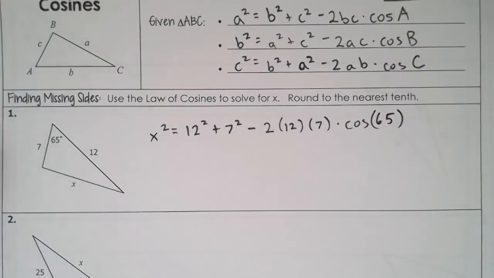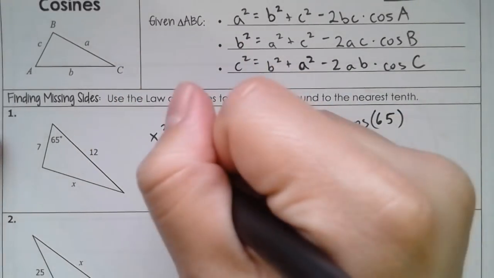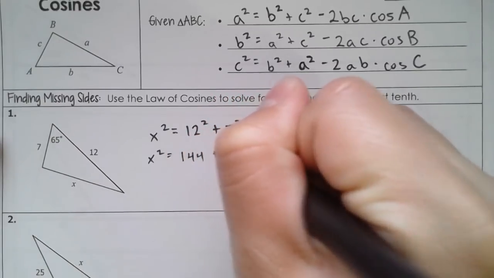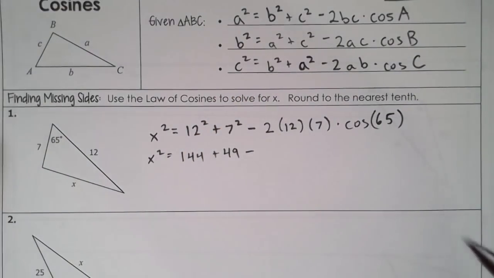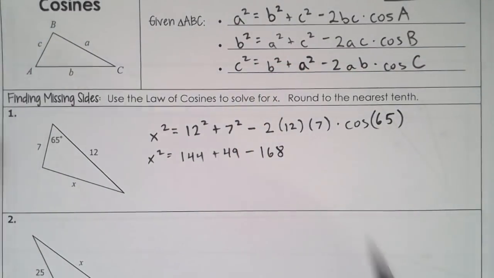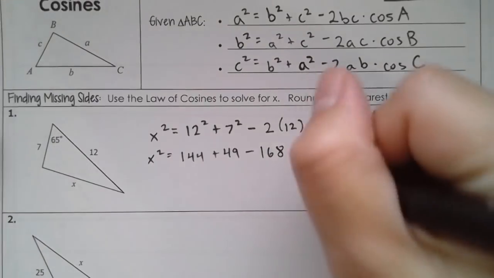That's it. Now you solve for x. So x squared is equal to 12 squared, that's 144, plus 49, minus 2 times 12 times 7, which is 168, times the cosine of 65.